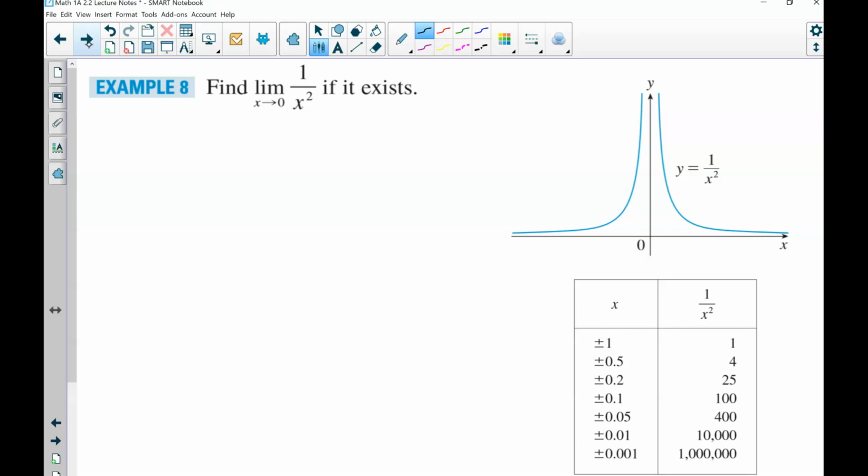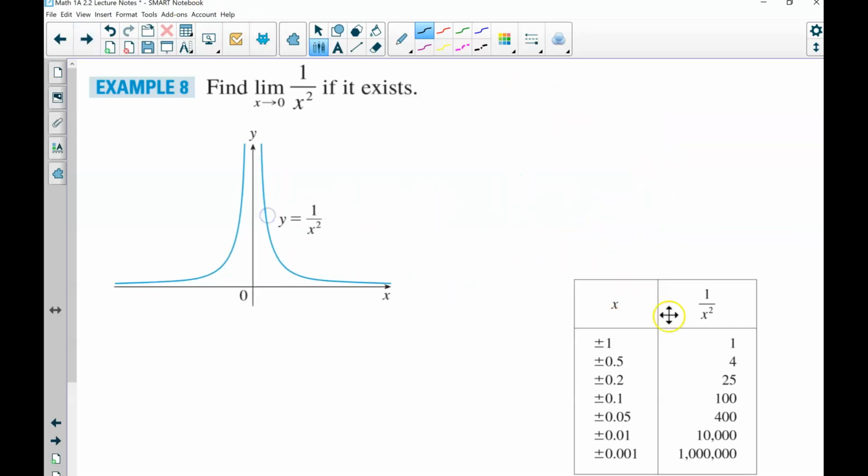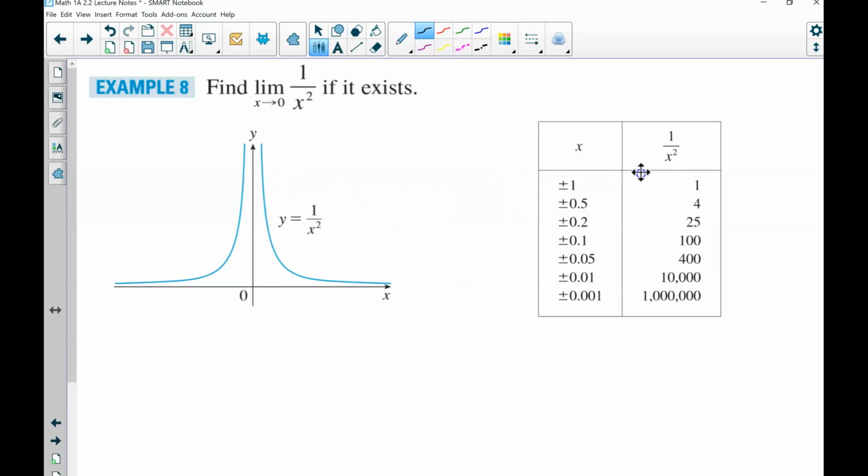Okay, let's take a look at example number 8. We want to find the limit as x approaches 0 of 1 over x squared, and see if it exists. This is our graph, and this is our table. Let's take a look at this graph.